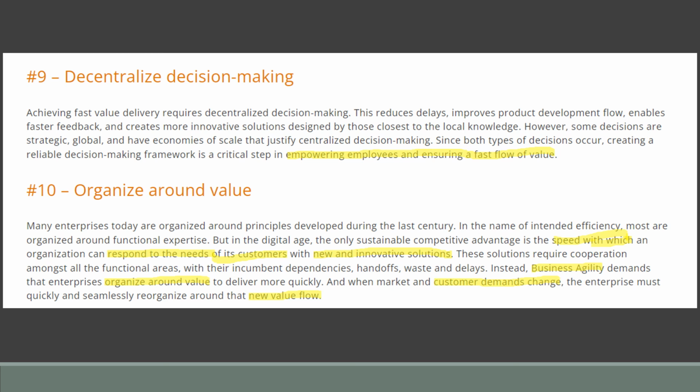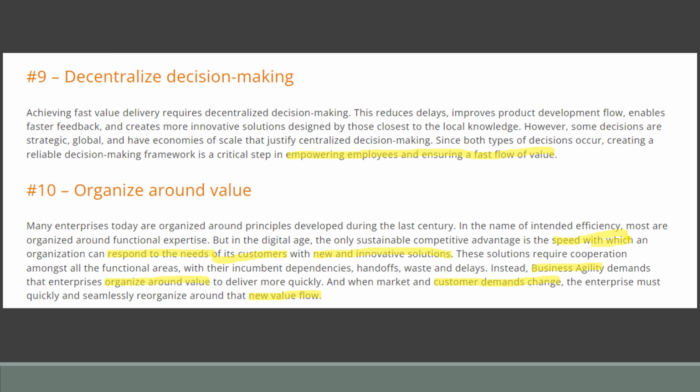The final principle is organize around value. Nowadays, many enterprises may be using principles developed in the last century, based on organizing around functional expertise. In the digital age, we talked about responding to the needs of the customer, and the speed at which we want to respond with new and innovative solutions.